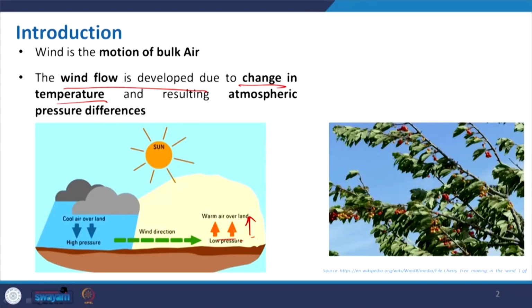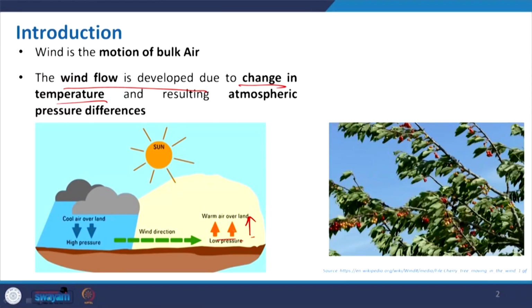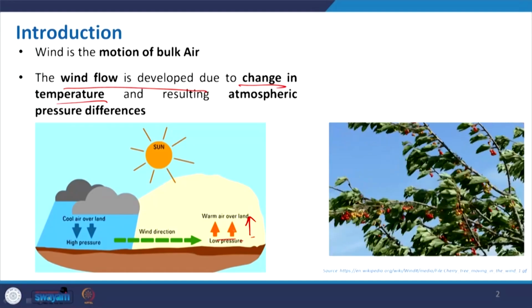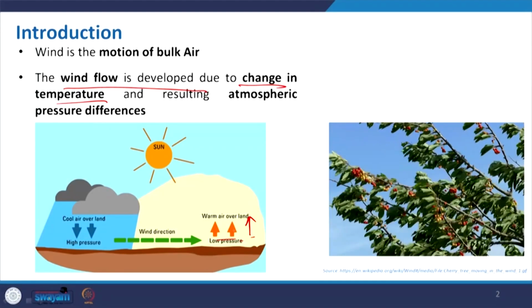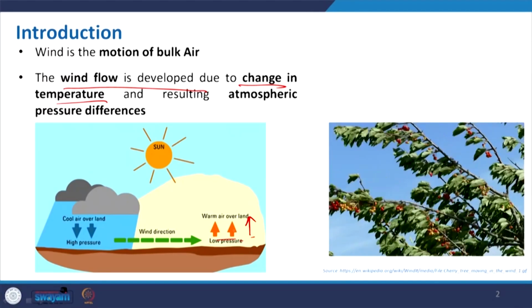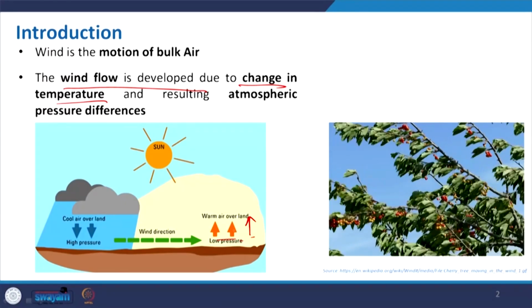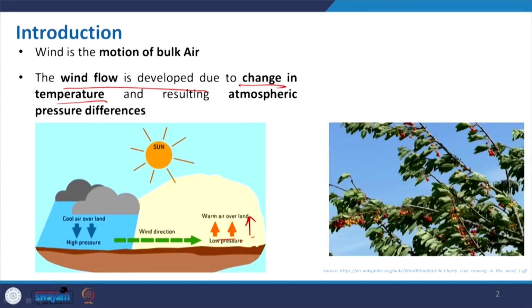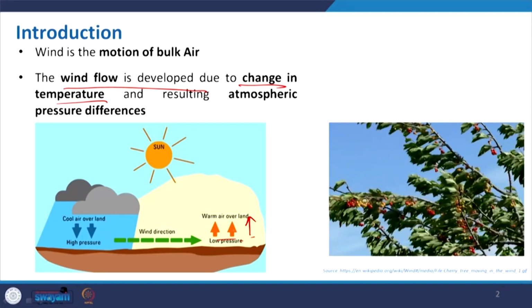Now, each day we feel this wind, and if we do not feel it, we feel very stuffy. Normally before any storm, we feel this cool air. Up to a certain velocity of wind, we like the wind blow, we enjoy it, but when the intensity increases, that will probably be a threat to us.